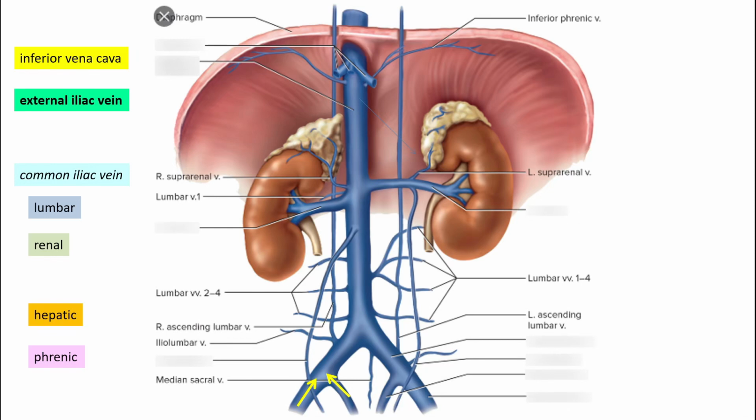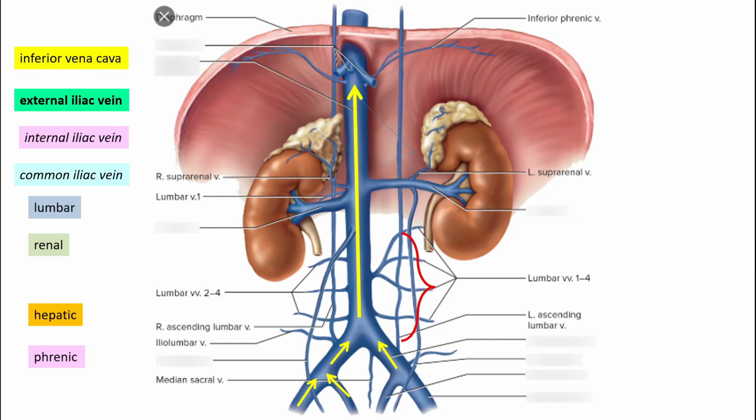These two veins will join and will form the common iliac vein, accompanying, of course, the common iliac artery. Now, the inferior vena cava is starting at the point of joining the two common iliac veins, and it goes up towards the diaphragm.